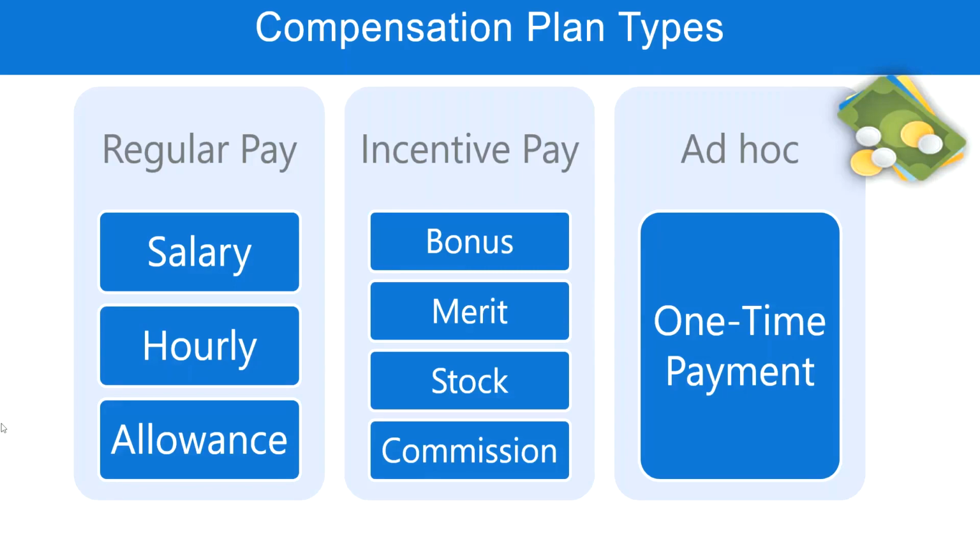Ad hoc pay is typically a one-time payment. Typically it is one time, it is not related to anything else. If the company wants to pay you something, let's say, a profit-sharing, the company has made a lot of profit. It wants to share it with you. Very generous company.